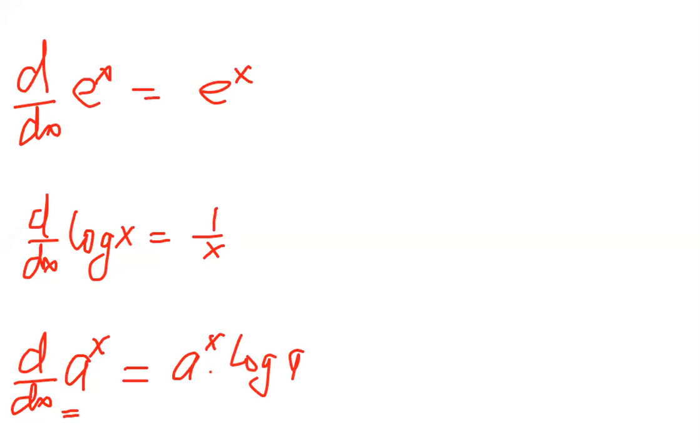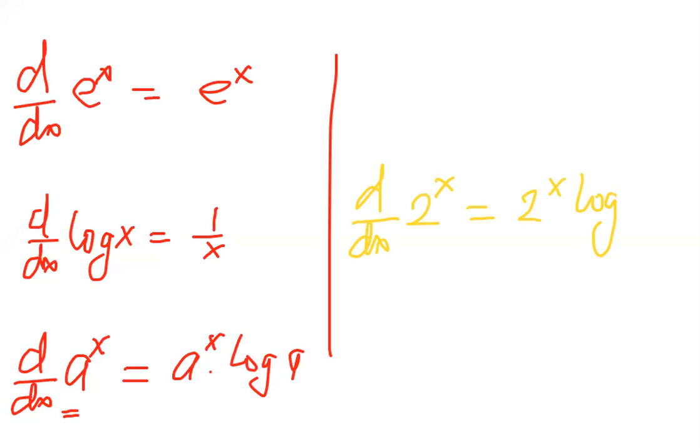Both are different things. Let me show you one example. We need to find the derivative of 2 to the power x. So it will be 2 to the power x log 2. Hope you are able to understand. A is some constant over here.